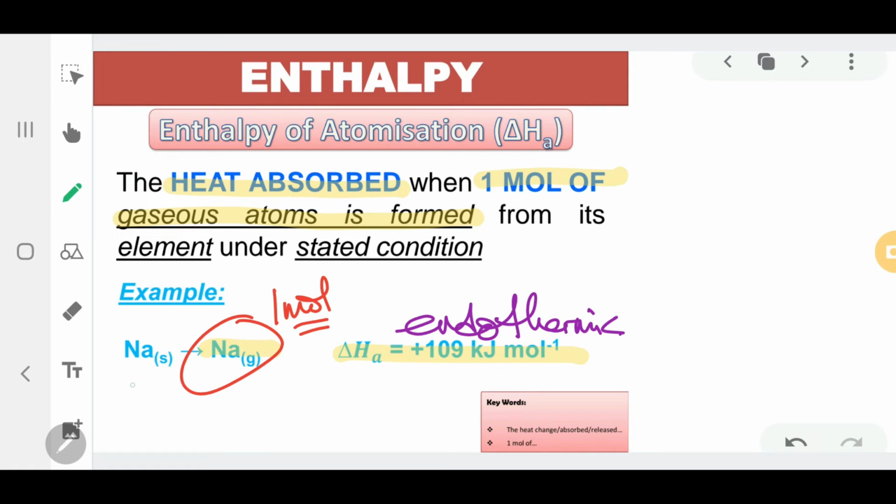Okay, so you want to absorb the heat. So remember sodium here, you have all the sodium in solid phase.